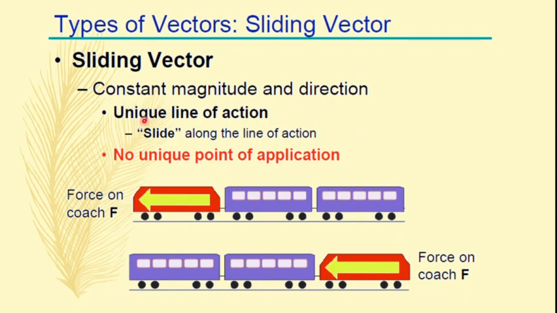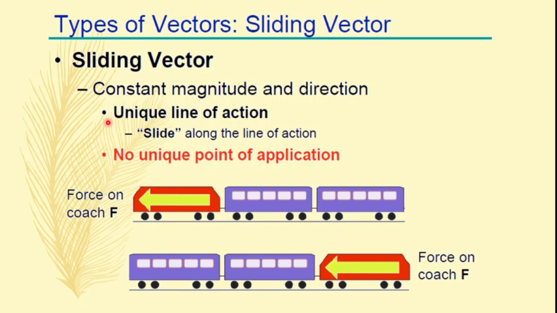Now the second type of vector is the sliding vector. In case of a sliding vector, it also has constant magnitude and direction, but it has no unique point of application. In place of that, it has a unique line of action. Okay.